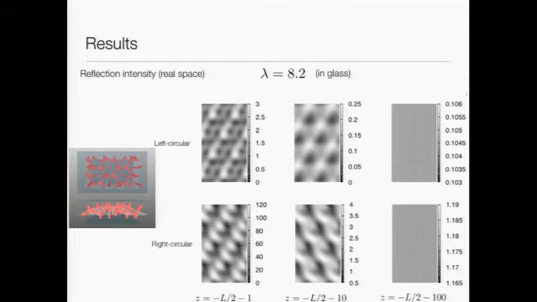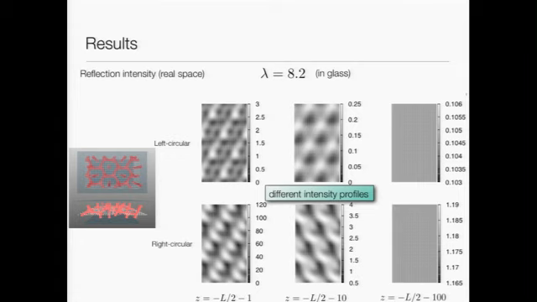Now the intensity profiles for left circular light and right circular light are clearly different, and I hope they are distinguishable in experiments.